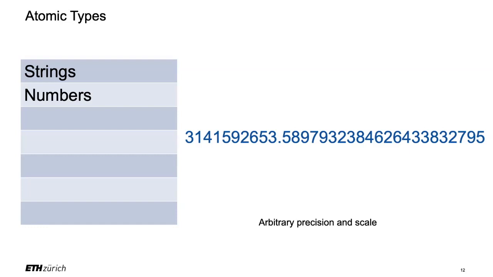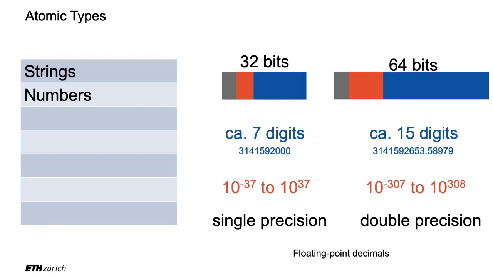In XML and JSON, this is supported. You can absolutely have any arbitrary precision and scale for your numbers. Then there are the so-called floating point decimals. What is that? This is basically a way to store very efficiently some decimal numbers and to compute efficiently, meaning that the CPUs that are in the machine, so the CPU cores, they are very good at adding and multiplying decimal numbers if they are expressed in that format.